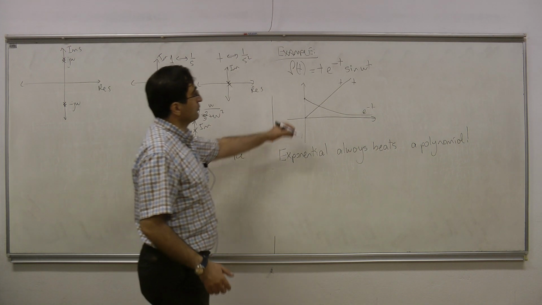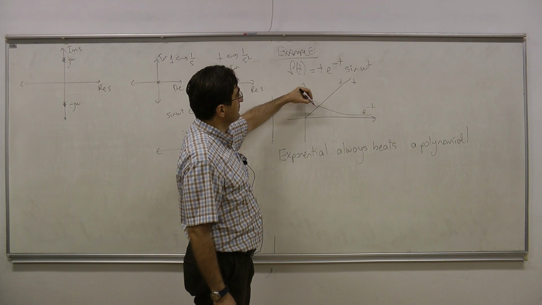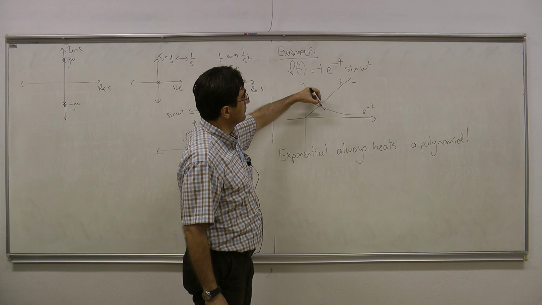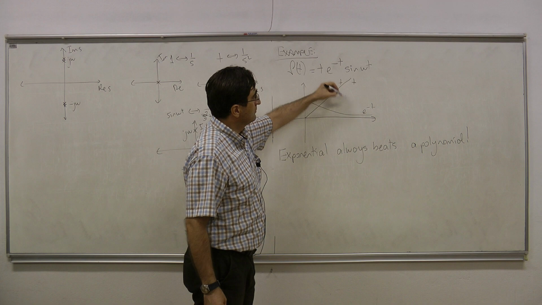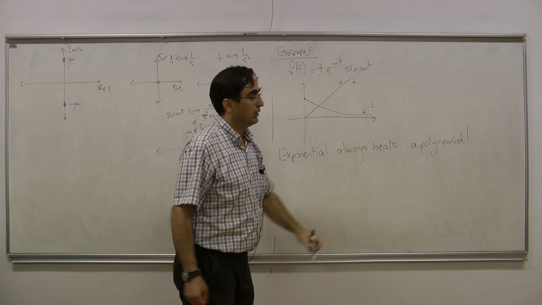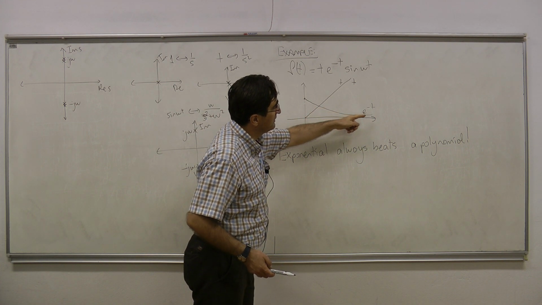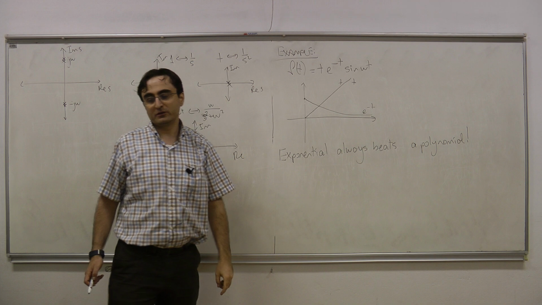So this function would be looking like something like this. It is first going to increase a little bit, and then the exponential will beat the polynomial, and the result is going to be going towards 0. It is first going to increase just a little bit, but then it's going to decay towards 0.